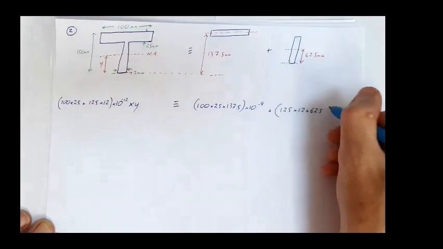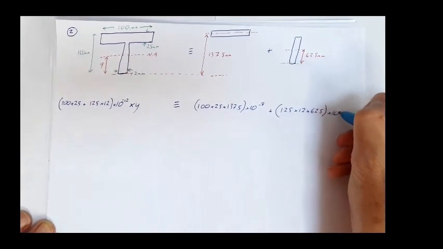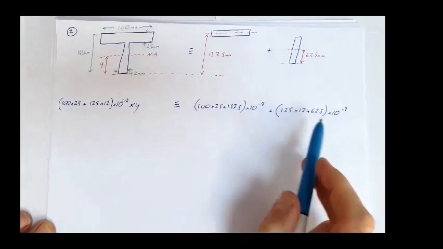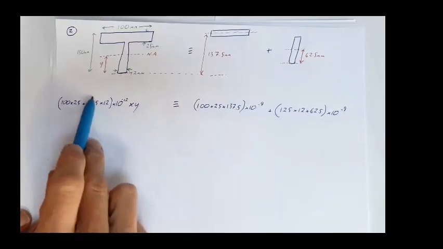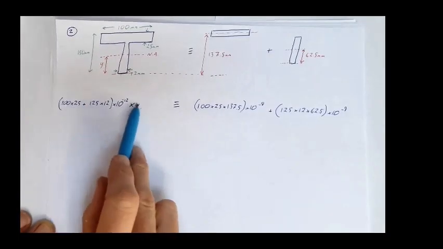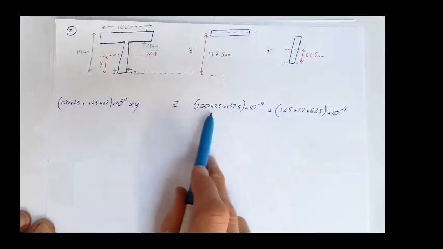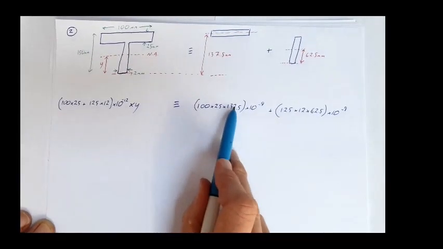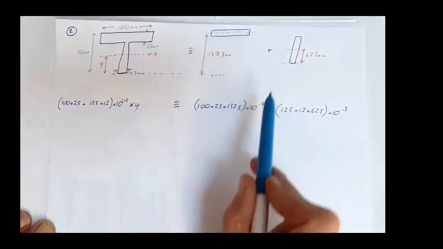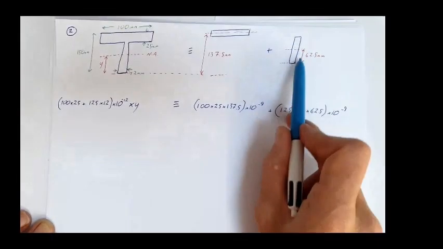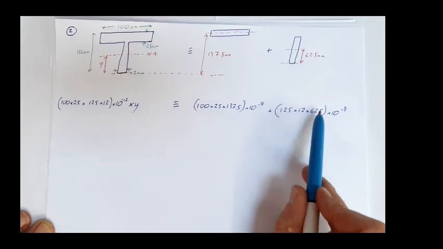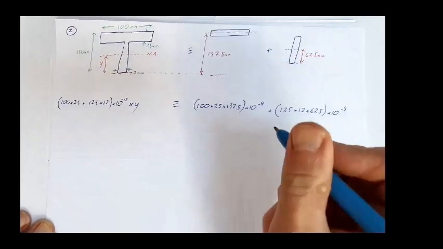And again, I'm going to multiply that by 10 to the minus 9 to get that into meters. So I'm saying my area times my distance from the neutral axis for the overall T shape is equal to my area times the distance to the neutral axis for the top section plus my area times the distance to the neutral axis for the bottom section.